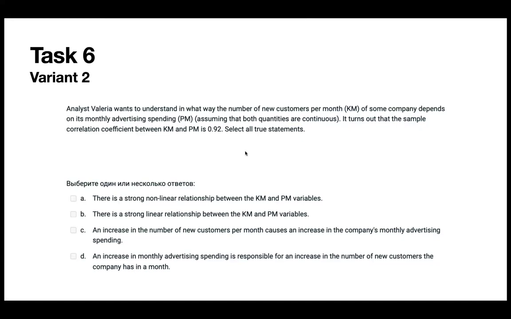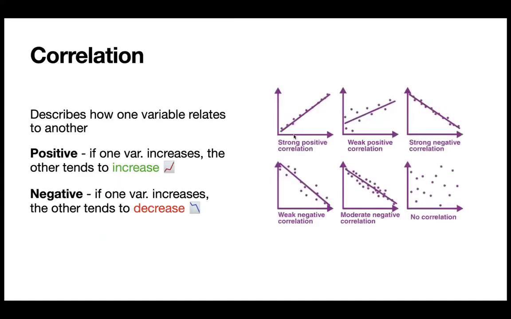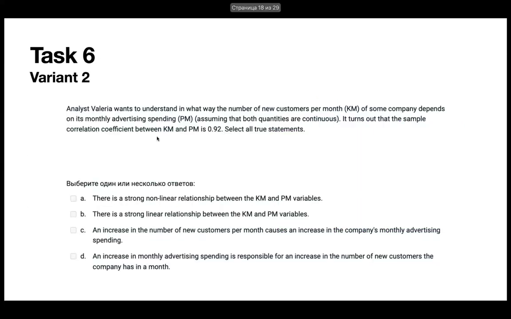Isn't it like if one increases? Yes, we can say that if our correlation is positive. But it doesn't cause. It's just the rule that if it's positive, then proportionally, yes, but it doesn't mean that exactly an increase in the number of new customers causes an increase in the company's monthly advertising. We don't know.